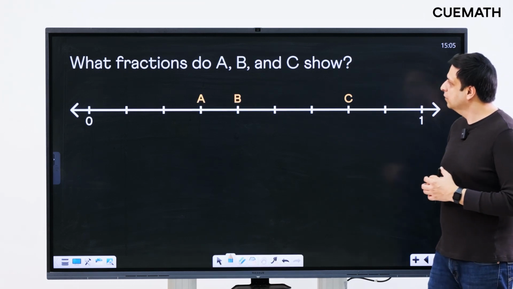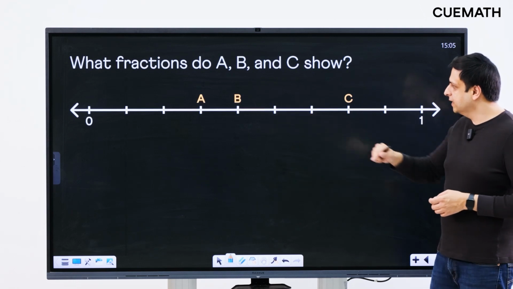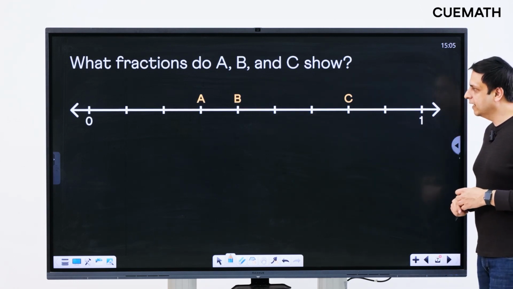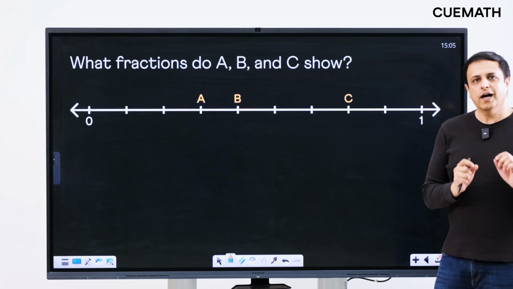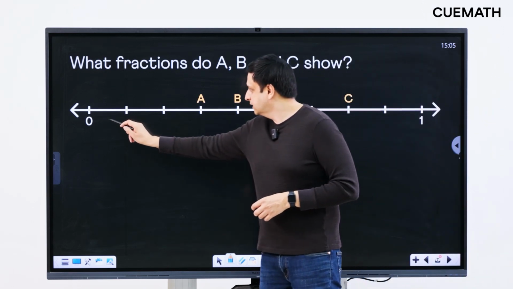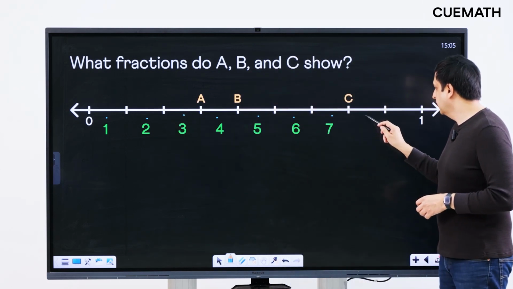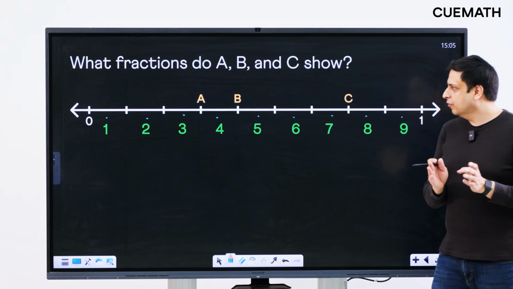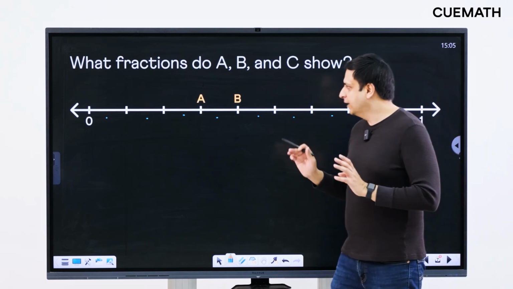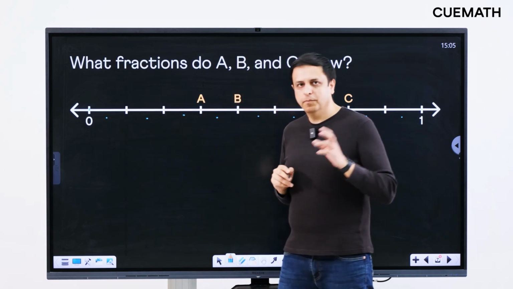Now here's another question. What fractions do A, B and C show? So we have 0 on that end, we have 1 on this end. So first we need to figure out how many equal parts this distance has been divided into. So let's see, 1, 2, 3, 4, 5, 6, 7, 8, 9. Remember that we have to count the parts and not the marks. So these are the marks, but we have to count the parts.